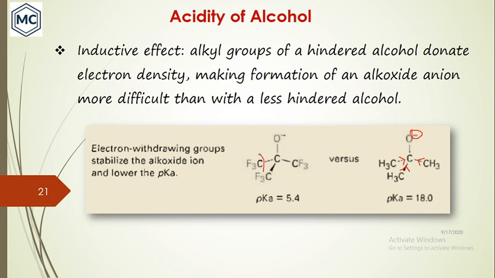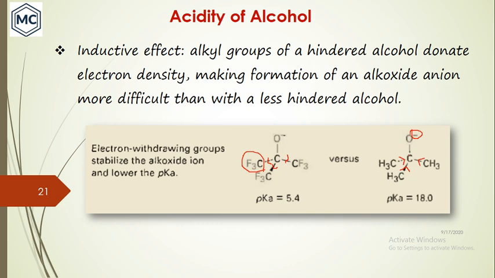Whereas this can be understood more easily: if you use an electron withdrawing group, that is a minus I group, the negative charge on this oxygen decreases and it becomes more stabilized. So a minus I group can delocalize the charge over the whole molecule, and then it can stabilize the conjugate base.